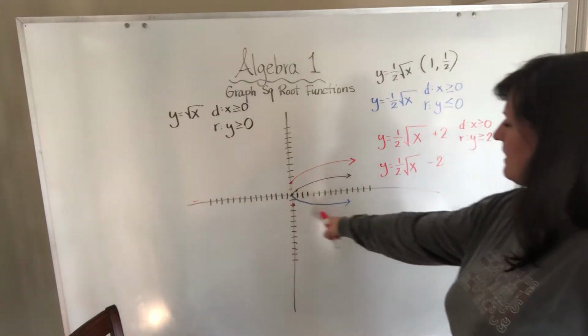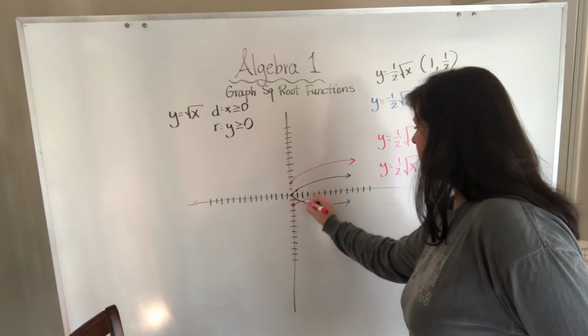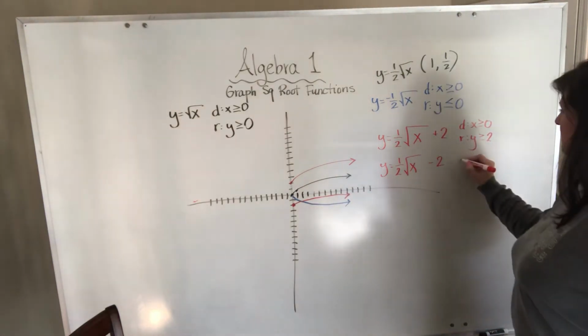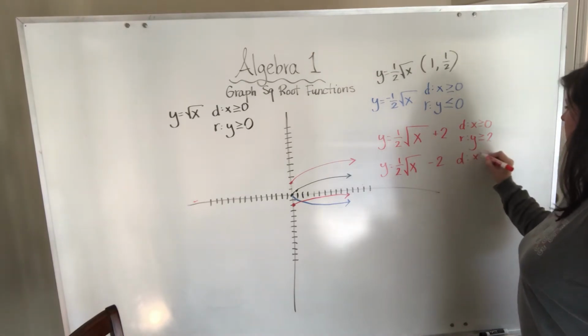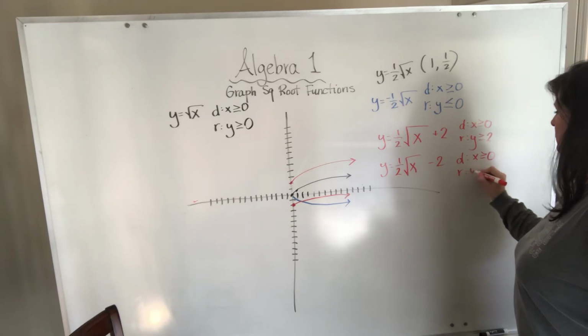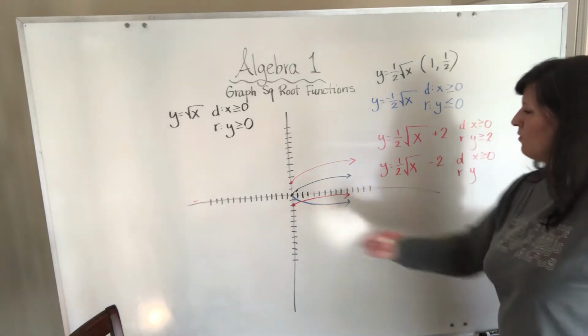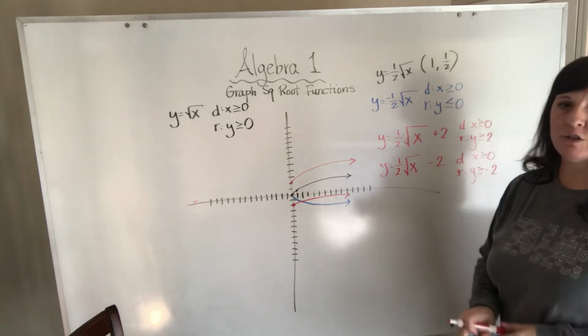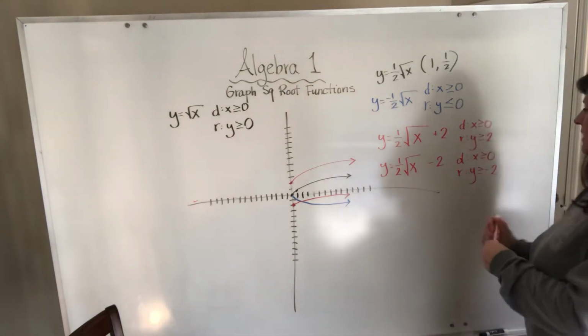Now I didn't flip it, so it's not going to go upside down. It still goes like that. Okay? So my domain, x is still greater than or equal to 0. What's my range? What is y? Now, y has to be greater than or equal to negative 2. Okay? Hopefully you can see that.